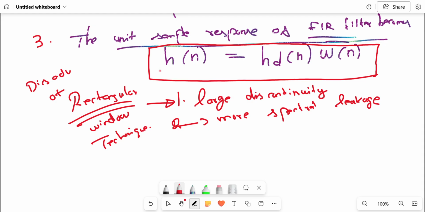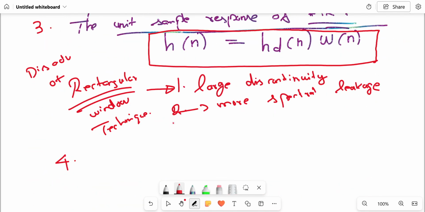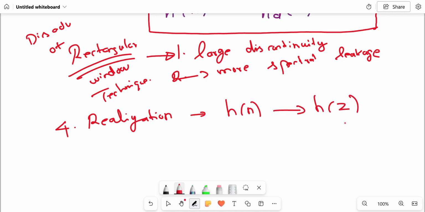Then the fourth step will be realization. You can write down the steps first, otherwise I will write down here. Fourth step will be realization, the hardware realization from the system function, using adders, multipliers and unit delay elements. From h of n you convert to H of z.